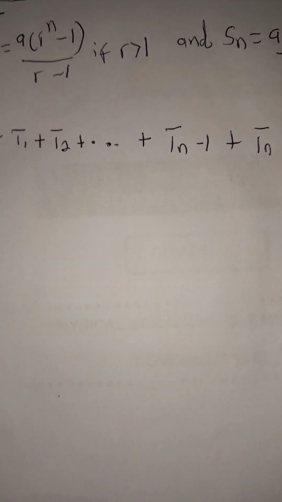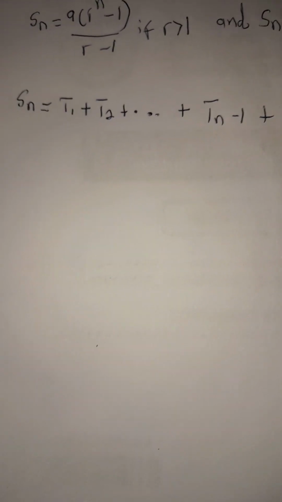Let's get started. Remember, since we're working with a series, Sn is equal to T1 plus T2 plus the other consecutive terms, ellipsis, Tn minus 1 plus Tn. Remember these are the general terms of a geometric series. So we first need to formulate equation 1, using a geometric progression.